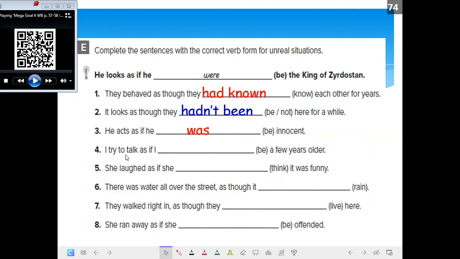طيب can you answer number 4؟ Yes. يلا. 4.